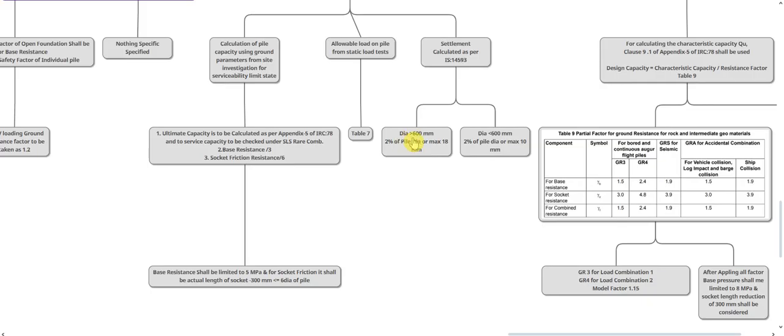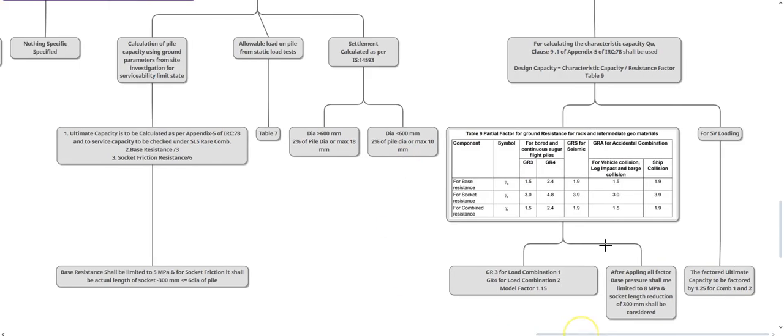For pile diameter more than 600 mm, it shall be 2% of pile diameter or maximum of 18 mm, and for pile diameter less than 600 mm, 2% of pile diameter or maximum of 10 mm is the limiting criteria.